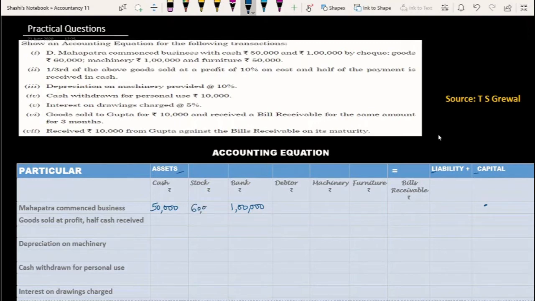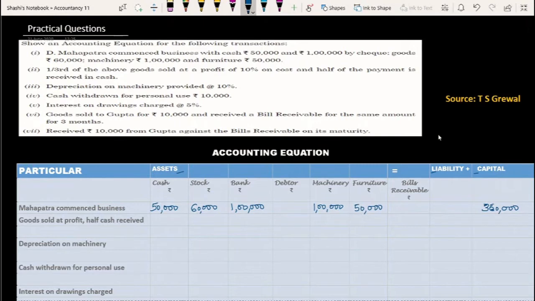So I'll be writing here in this stock column, machinery rupees 1 lakh, and then furniture 50,000. So all these are the investment of D Mahapatra in cash and kind. So this total will be the capital investment of the proprietor, which comes to 3 lakh 60,000. So this is the total of the entire amount which he has invested into the business.